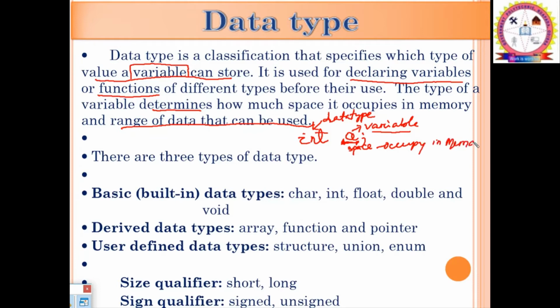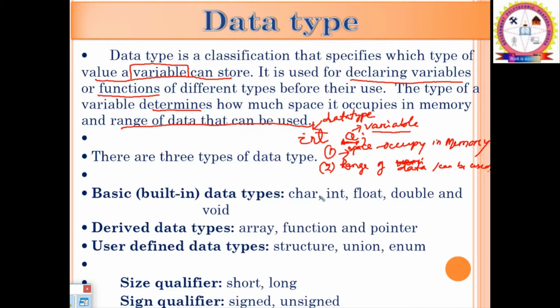The first one is the storage space, how much memory a variable or data can occupy in the memory, and the second one is the range of variables, which means the range of data which can be used. So the data type specifies these two purposes, and it is used for declaring variables and functions.